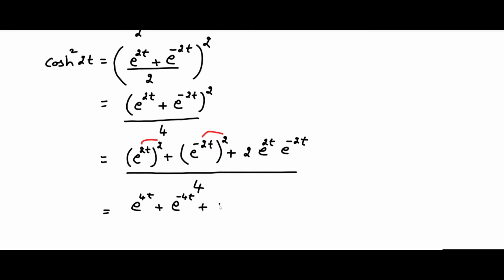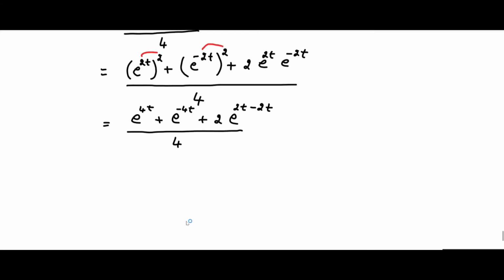Plus it is 2 into e power of, here because the bases are the same, you can just add the powers, so e power of 2t minus of 2t, it is whole divided by 4. Further, if you try to simplify this one, we will be getting the value to be equal to e power of 4t plus e power of minus of 4t plus 2 whole divided by 4.